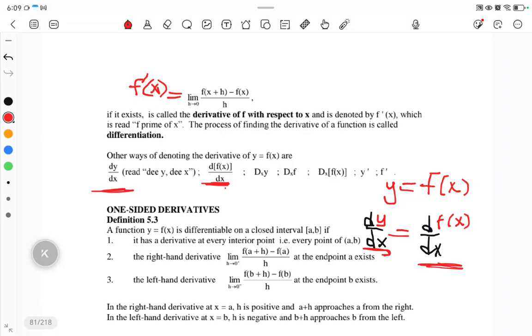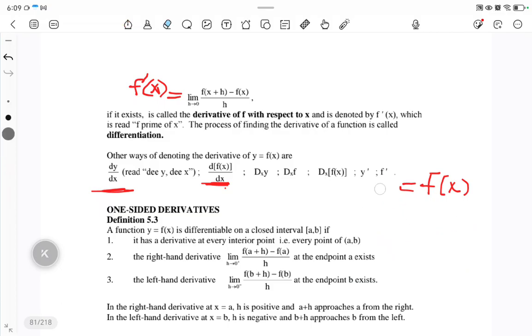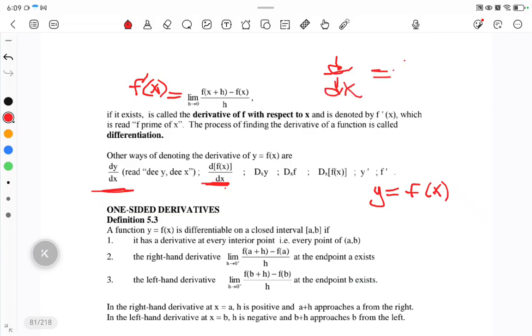And dy over dx can also be written as, now let me come here. If we have y equals f of x, d over dx can also be written as D sub x. You see, right?